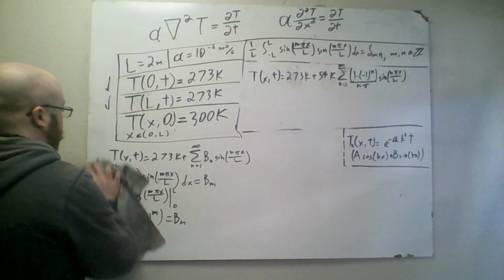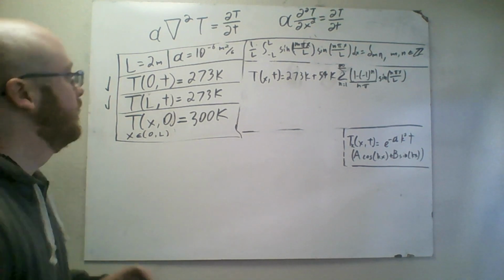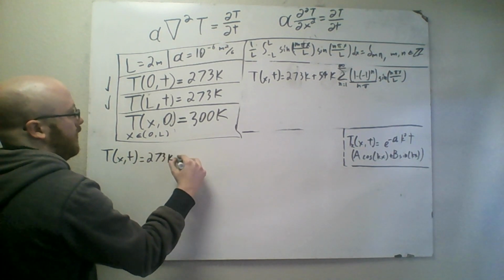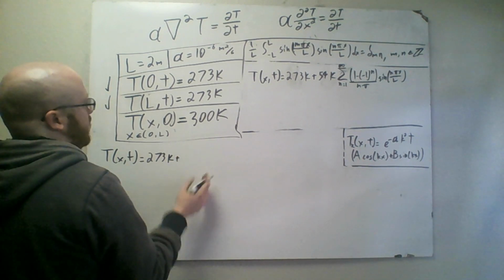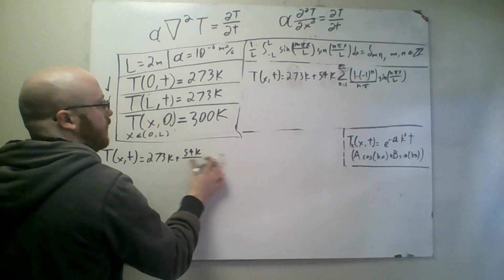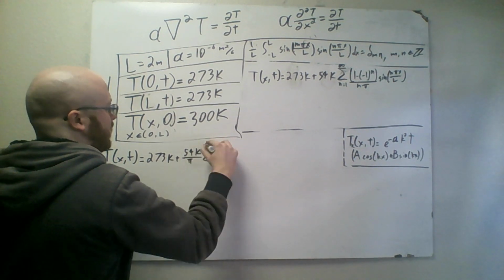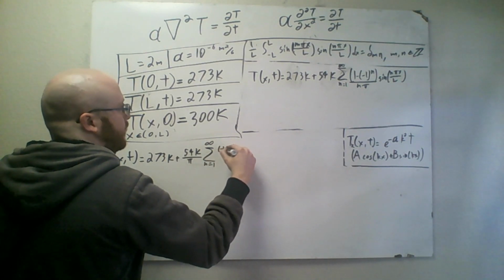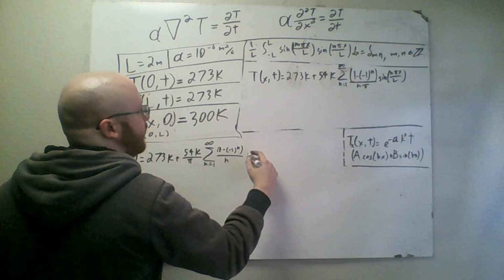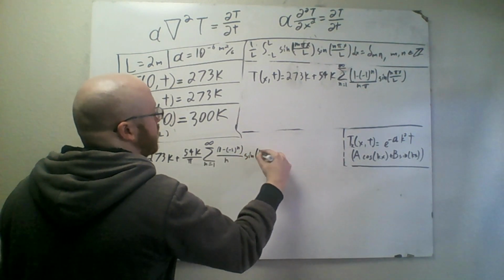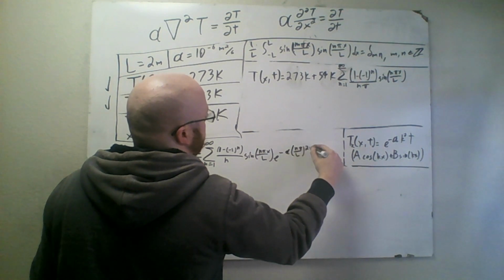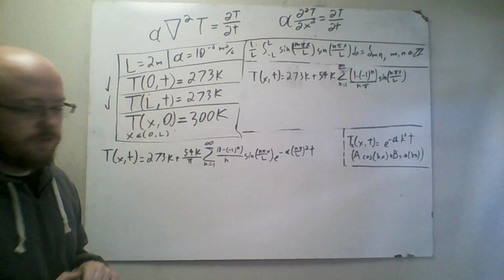I'm just going to copy it down here. Times x over L, to the negative alpha pi over L squared t. That should be it.